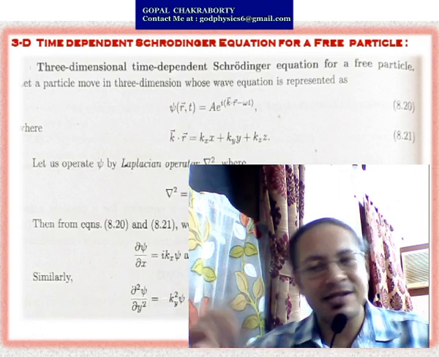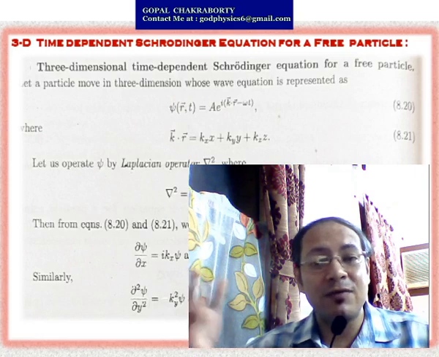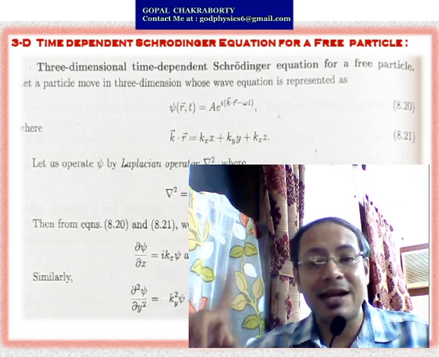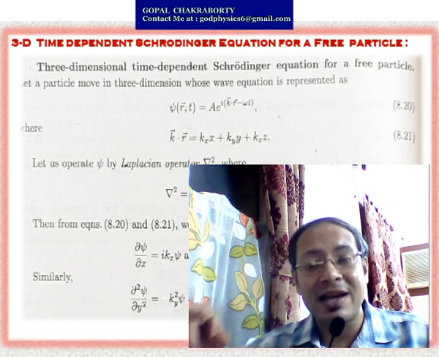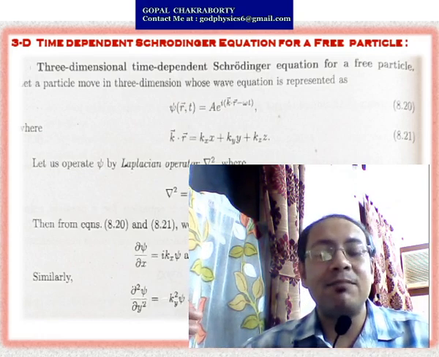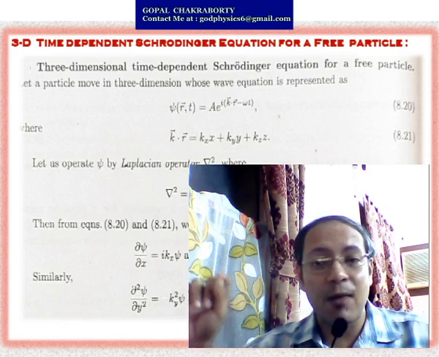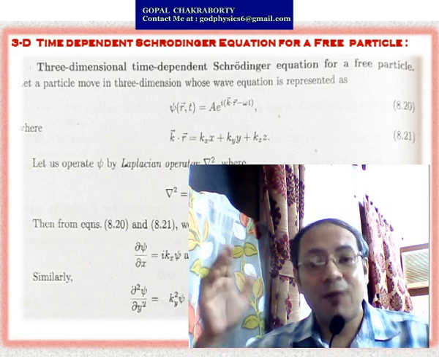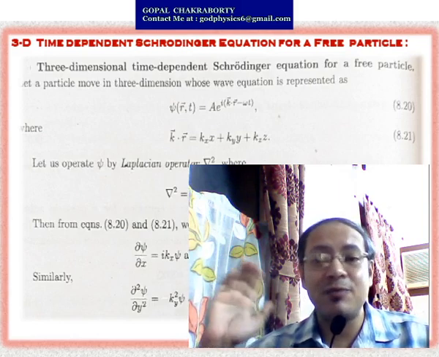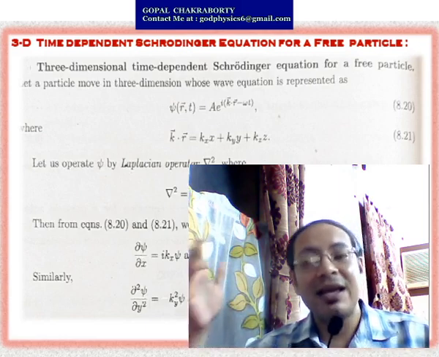The basic process is the same here. The only difference is that in the one-dimensional case you considered only a single direction, x or y or z. Here, for the three-dimensional case, you have to take into account all three coordinates x, y and z.